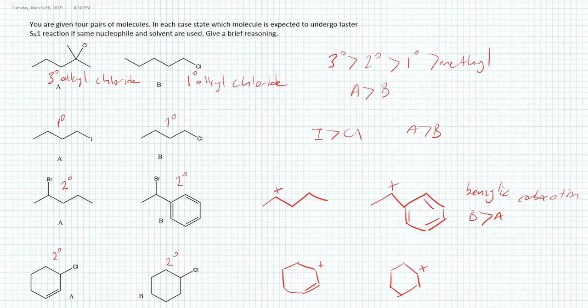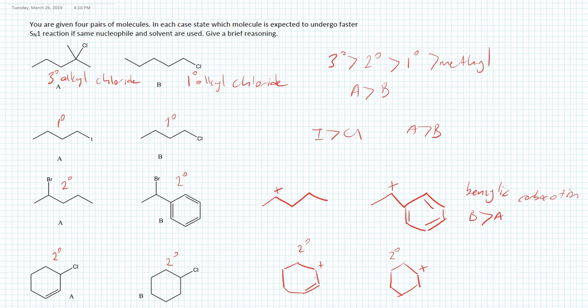As you remember, when we have a double bond next to a carbocation, we can have resonance forms. As you remember from the benzylic carbocation, we have the same situation here, even though both of them are secondary carbocations. The first carbocation produced from A will be more stable because of the resonance effect.